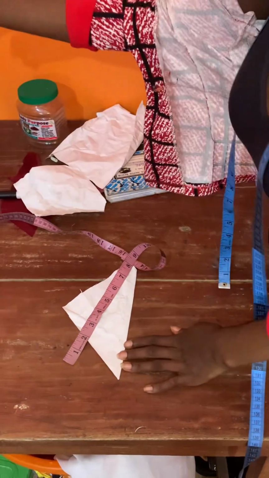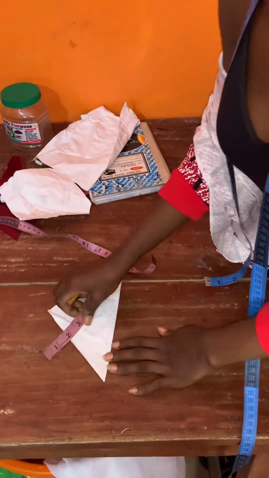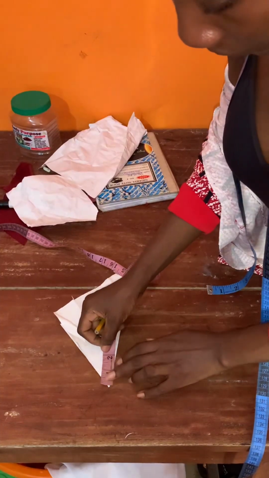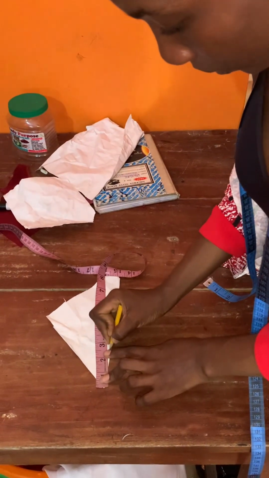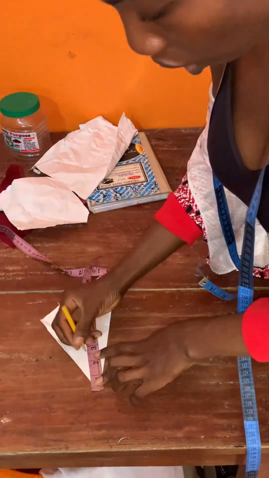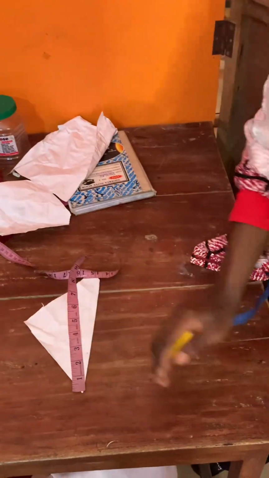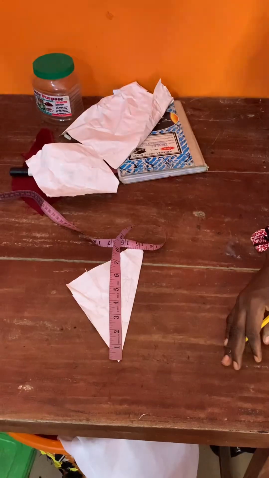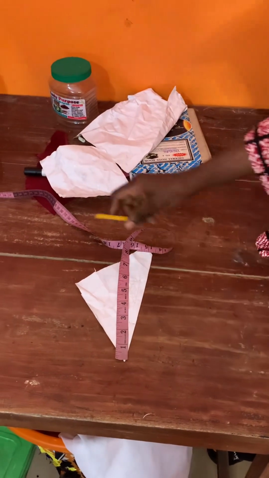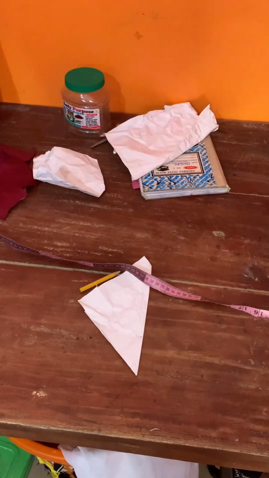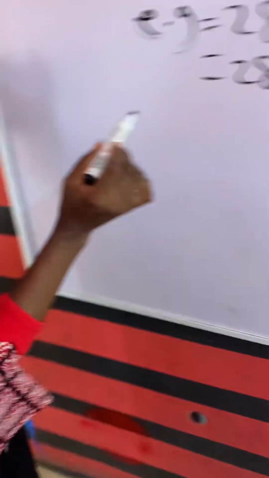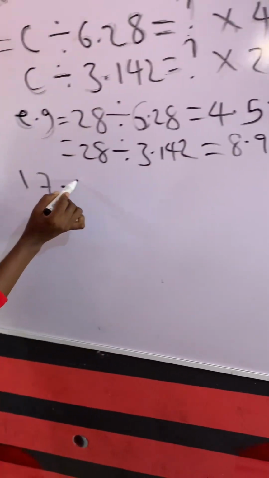Assuming our 17.8 is here. Now also, if you want to calculate the length of the flare, you take your radius 17.8.